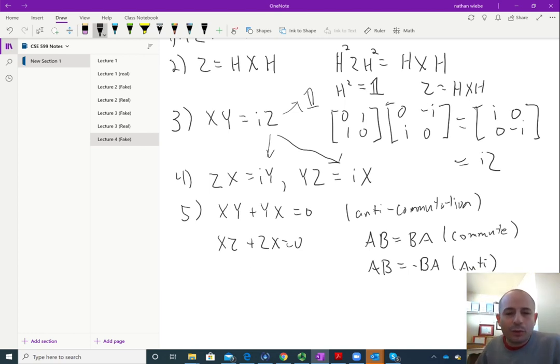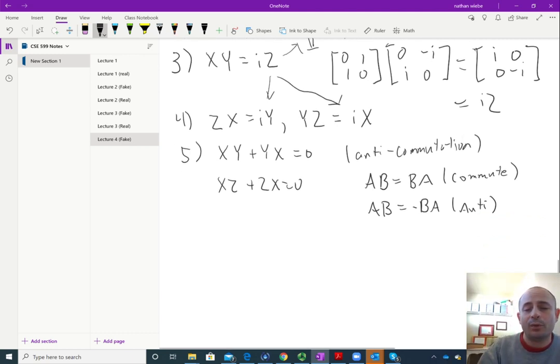I recommend that you go through and prove to yourself that these expressions hold, because it's a good exercise, and also pretty straightforward.